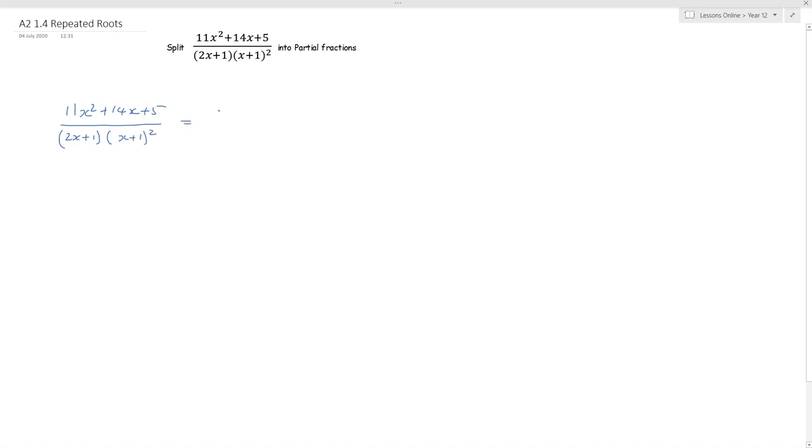So we're going to have, as we saw in our example earlier, A over 2x plus 1 plus B over x plus 1, which is part of our repeated root, plus C over x plus 1 squared. Just going to put brackets around that.